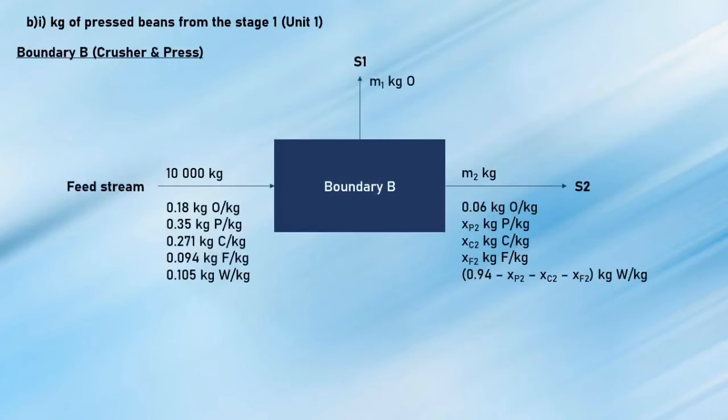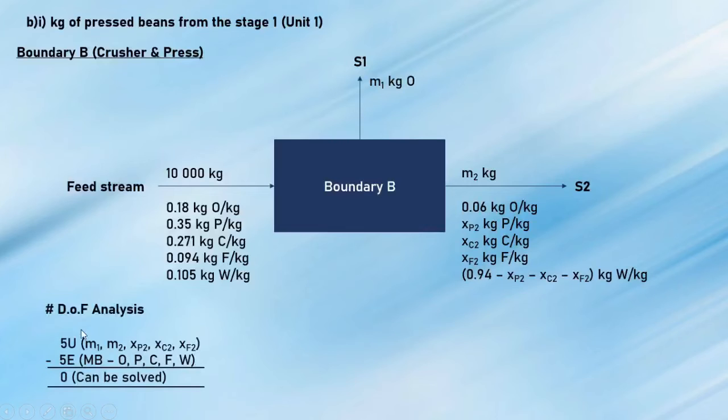So first, we have to calculate the mass of pressed beans from stage 1. In boundary B, which is the crusher and press unit, we can find the mass of pressed beans, which is M2. So this is the flow chart of boundary B, where the input is feed stream and the outputs are stream 1 and stream 2.